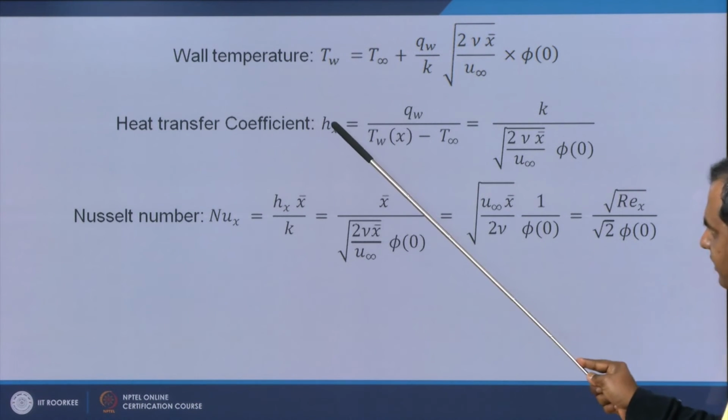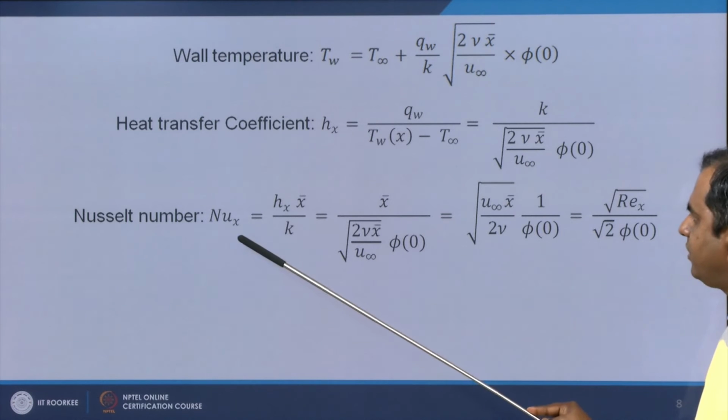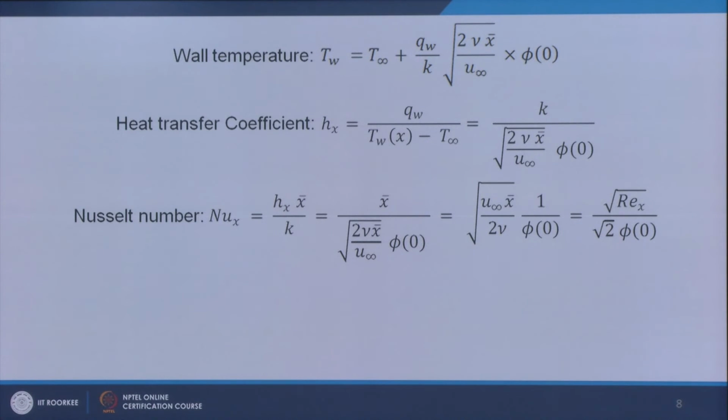If we proceed further to obtain the Nusselt number from this heat transfer coefficient, once again the Nusselt number can be linked up with phi, because the Nusselt number is nothing but h x bar by k.